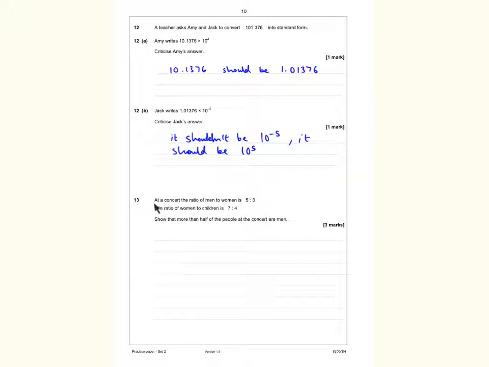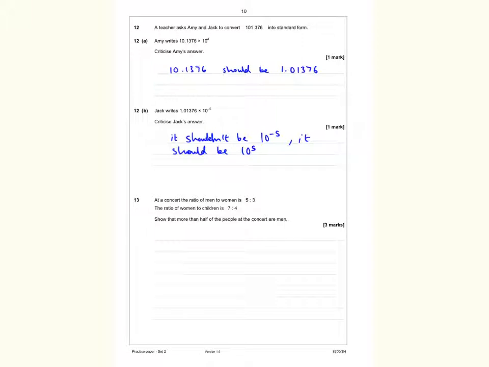Okay, so question 13 now. At a concert, the ratio of men to women is 5 to 3, and the ratio of women to children is 7 to 4. So this doesn't include men. Then show that more than half of the people at the concert are men. So we need a ratio that has men to women to children.